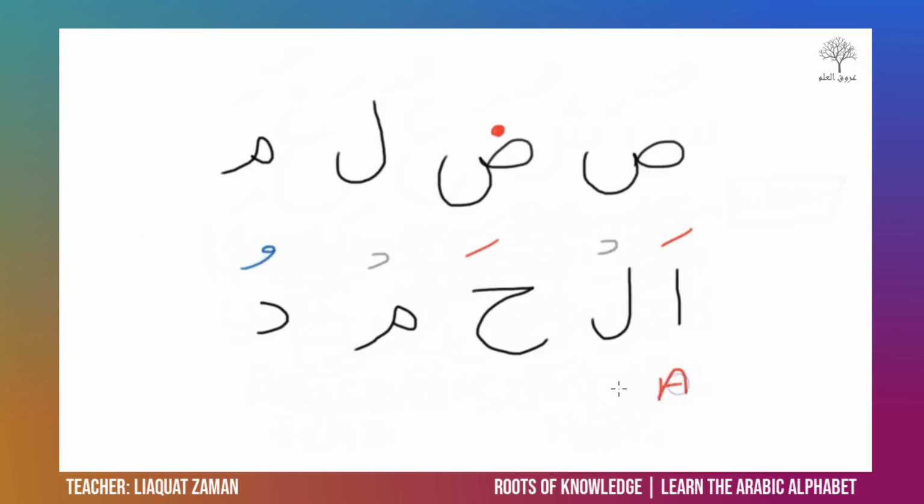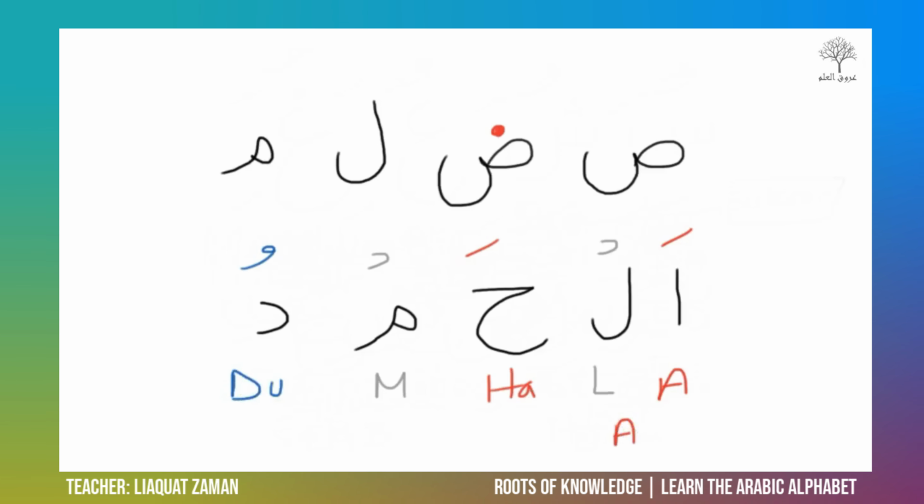Okay, so here is al, and that's ha, and that's the L sound, and that's the M sound, and that's do.